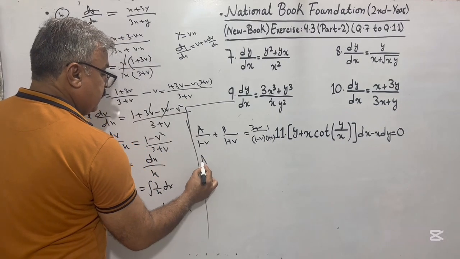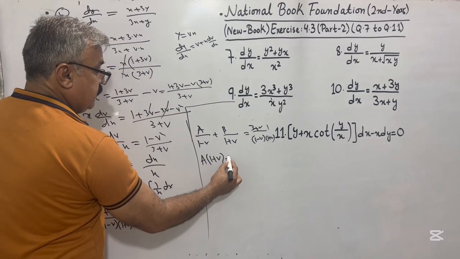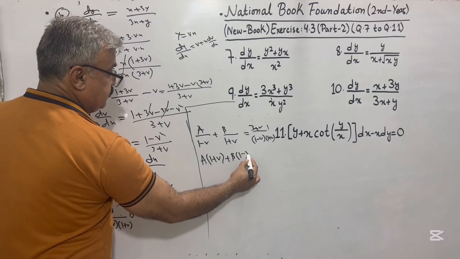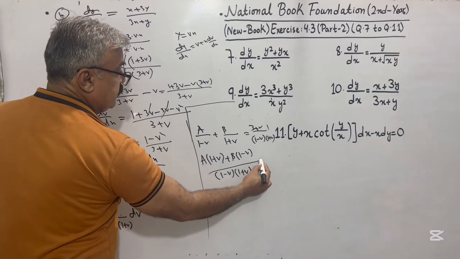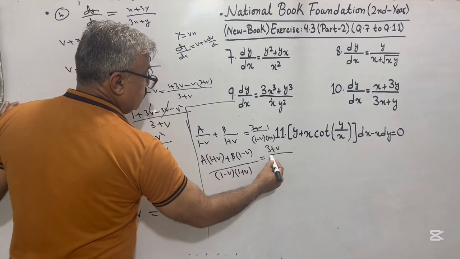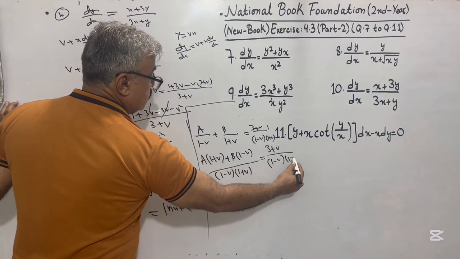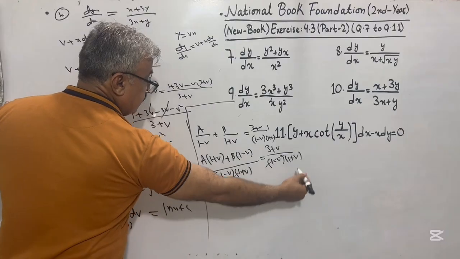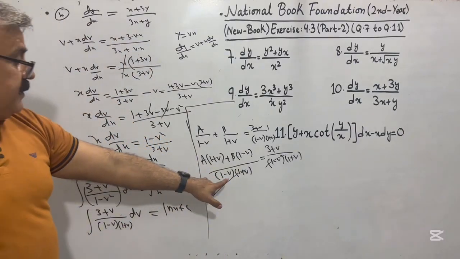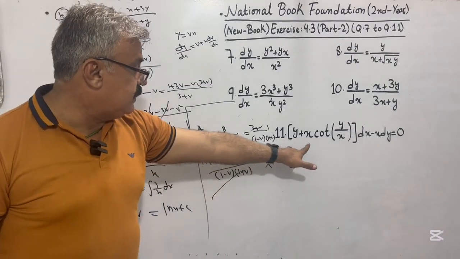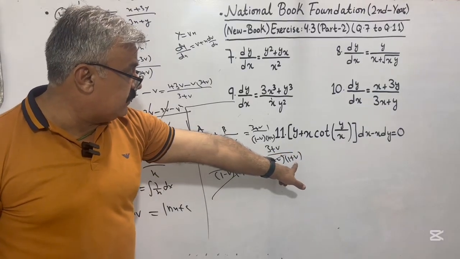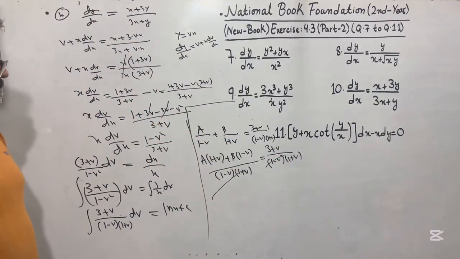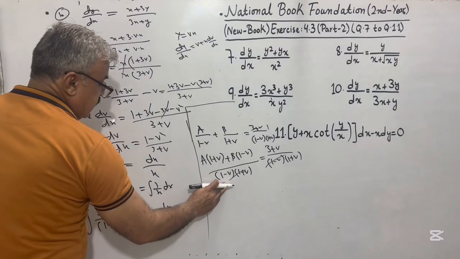Taking LCM, a times 1 plus v plus b times 1 minus v. The denominator comprises 1 minus v times 1 plus v, and our 3 plus v is divided by 1 minus v, 1 plus v. We are cancelling because I shift this 1 minus v times 1 plus v towards the left, from division to multiplication, and they are cancelled out. Even this one, they are also cancelled out. I have no space, I have just cancelled them.